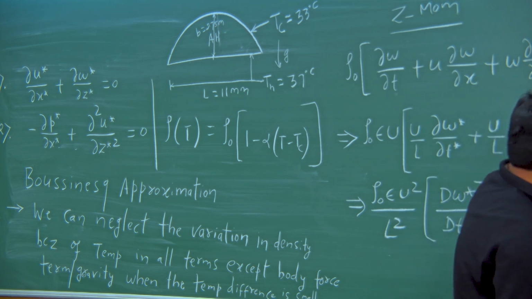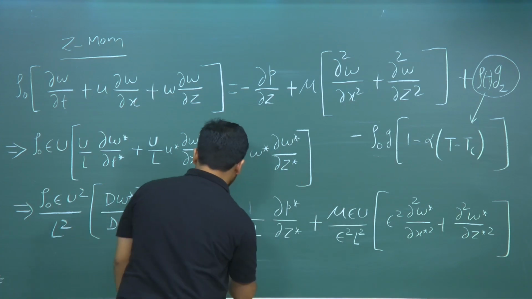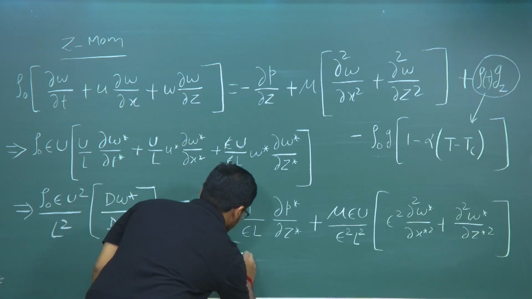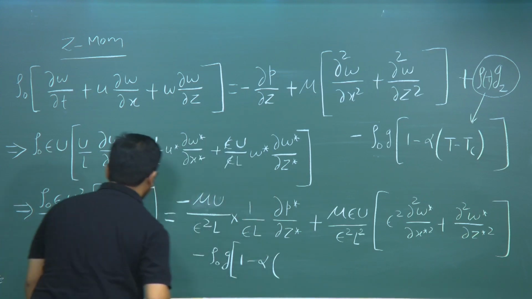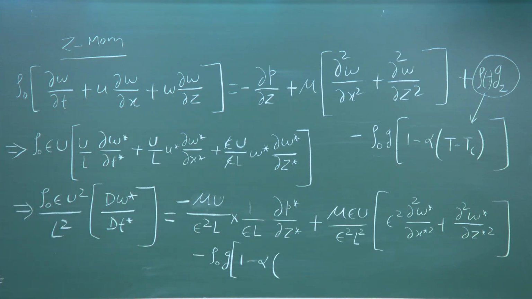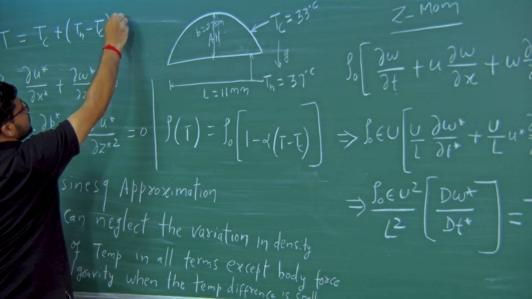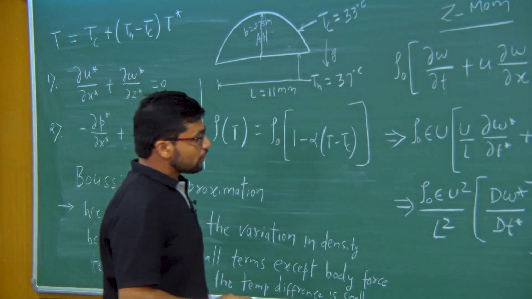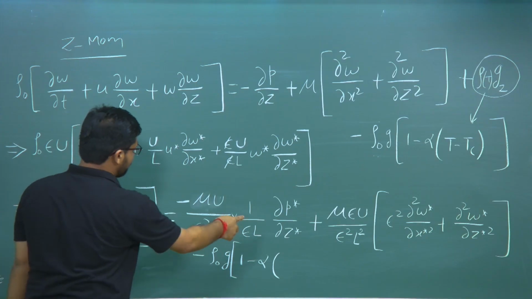This minus, so I will write here rho naught times g times 1 minus alpha, and if you remember correctly, after defining the dimensionless temperature we had written that T is nothing but Tc plus Th minus Tc times T star. I remember this, you can check it in your notebooks. So, I will replace the value of T here.